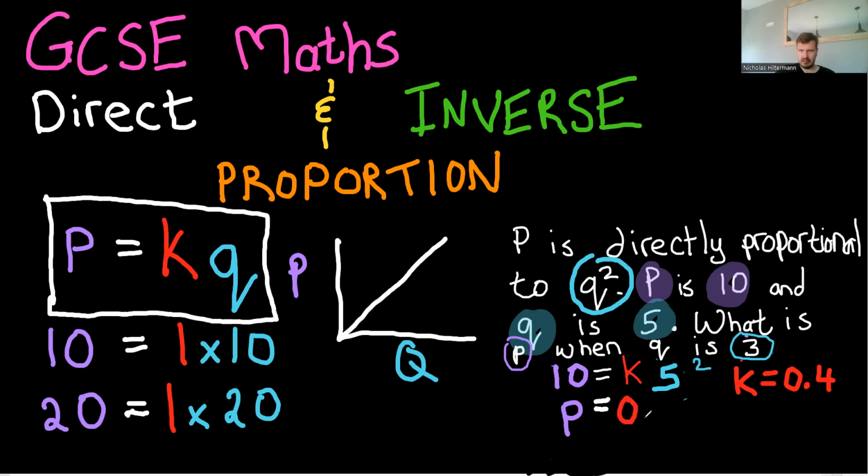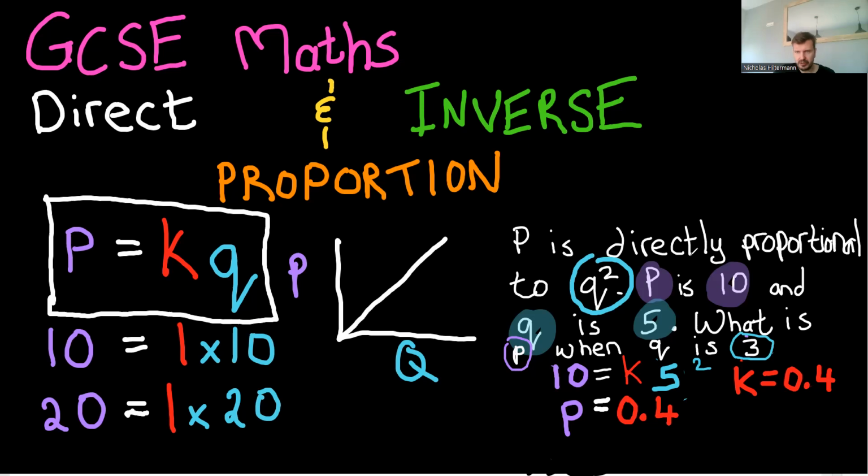You see that the numbers are often trickier when they make it Q squared, and they can even make it harder by saying directly proportional to something like Q plus 1 or Q squared, but the concept is always the same. First find K, and then you can find Q or P, depending on what they ask for.